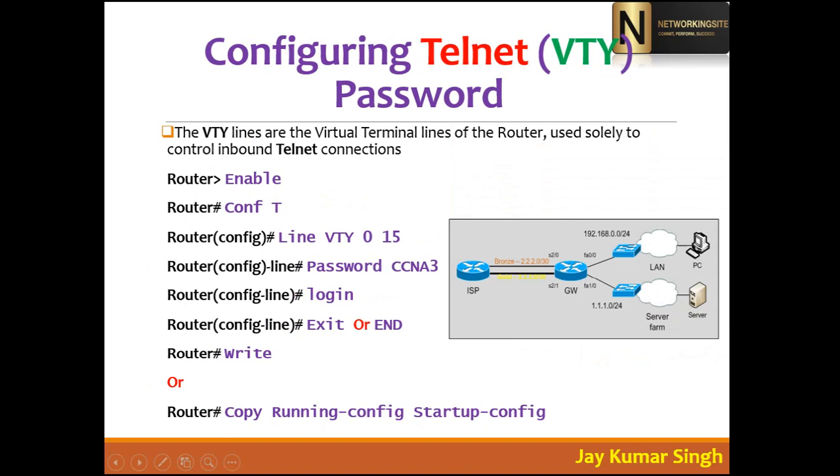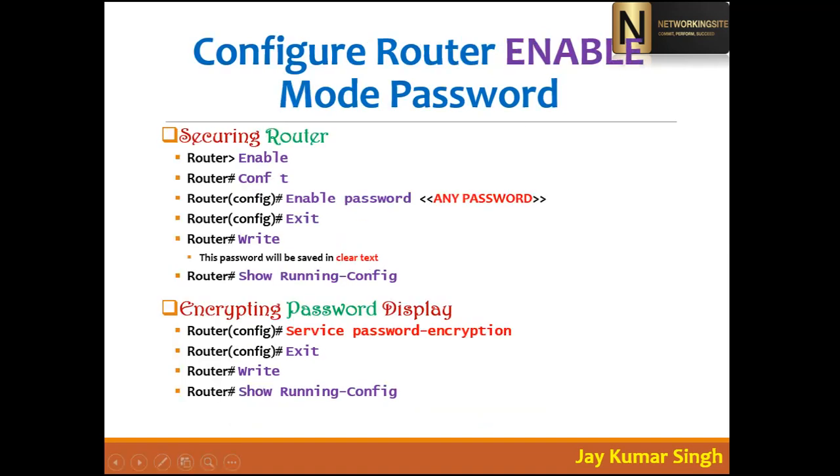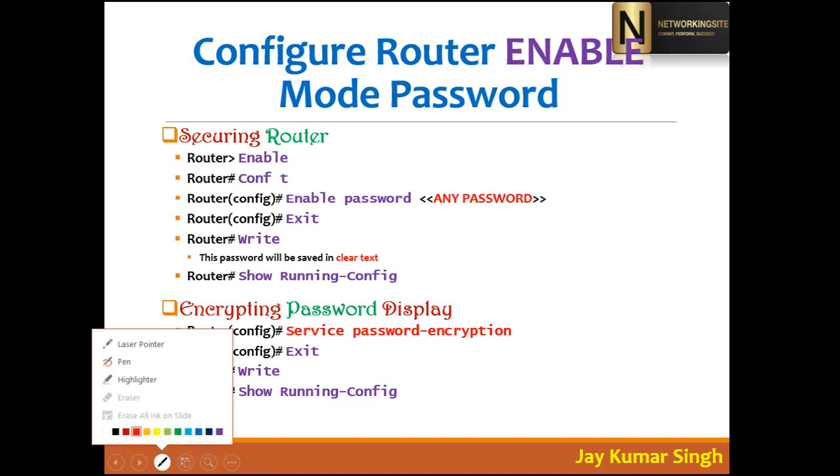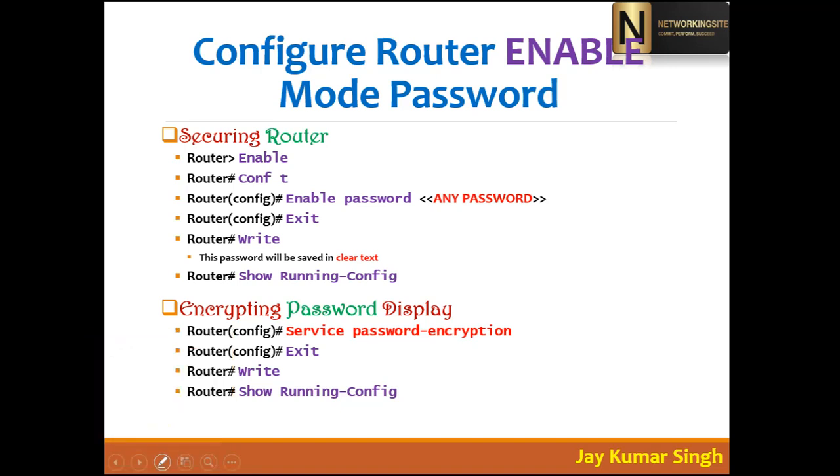Telnet we will see when we configure IP addresses and do routing, and then you will know the importance of telnet access. So here we have seen how to secure our routers with the help of enable passwords. Console is the level 1 password, you can say. Enable is the level 2 password.